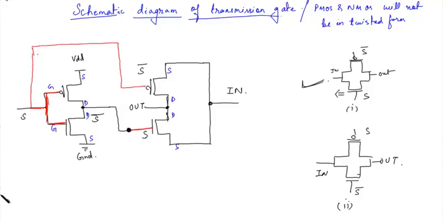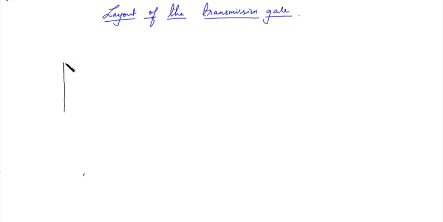So now let's see the corresponding layout of the transmission gate. First you have to draw the N-well.